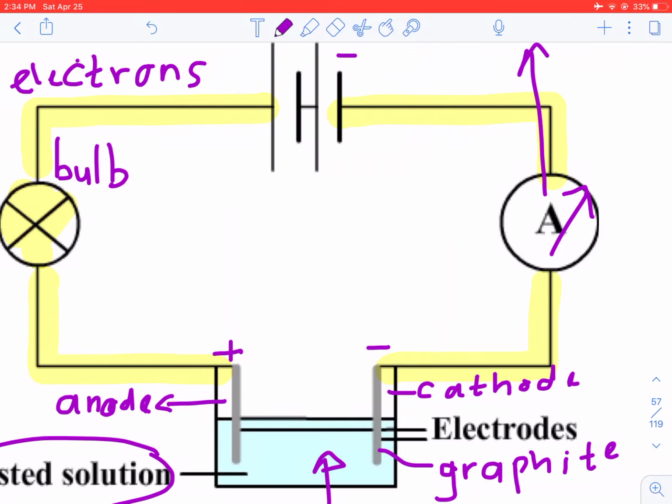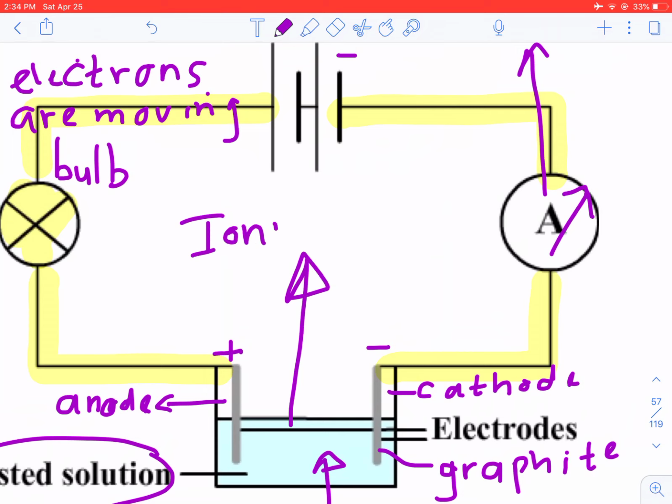So in the external circuit, you've got electron conduction, or there's a current flowing. But here in the solution, you have ionic conduction.